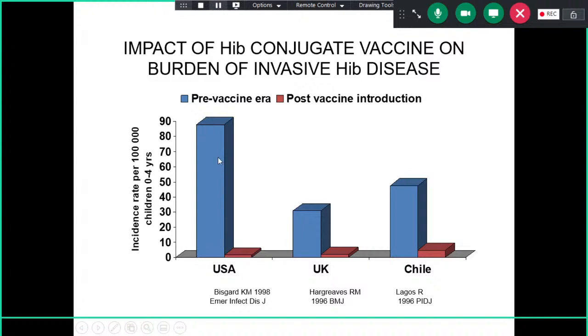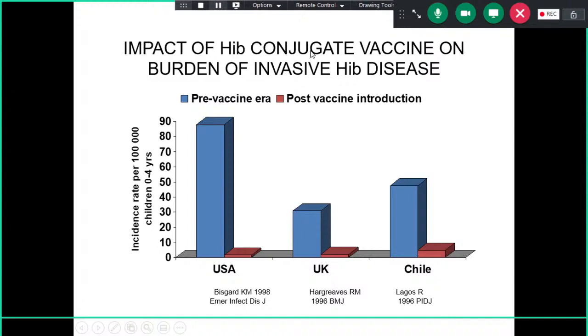This is the pre-vaccination era and this is the post-vaccination era. Once you give the Haemophilus influenzae conjugate vaccine, what is a conjugate vaccine? A conjugate vaccine has capsular polysaccharide attached to a protein molecule.